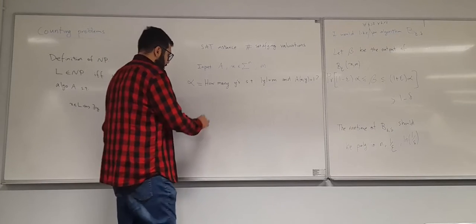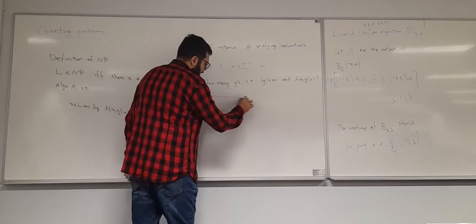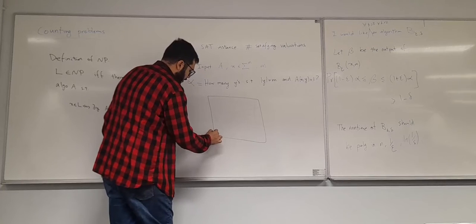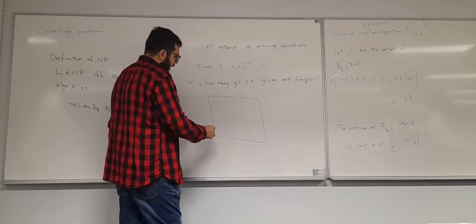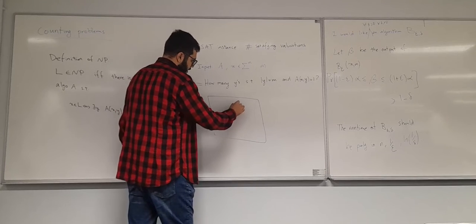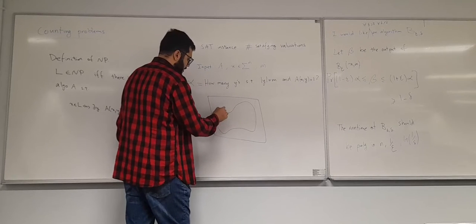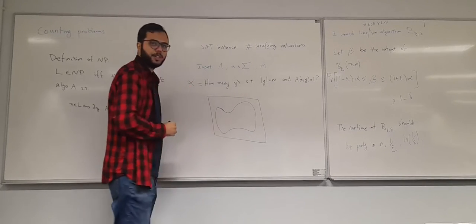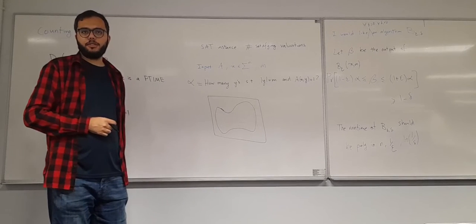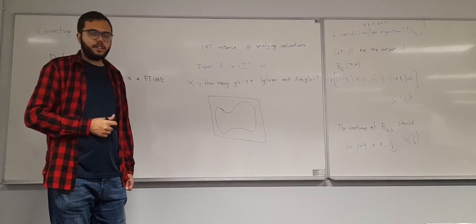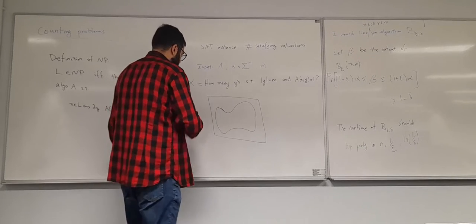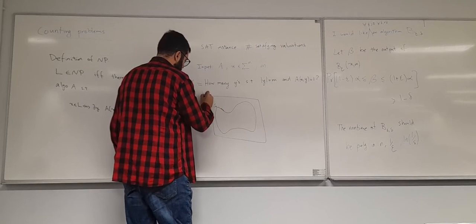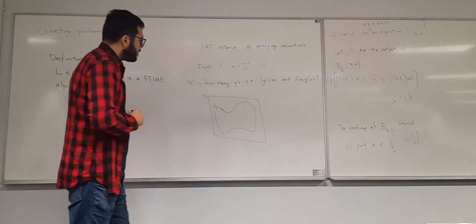So here's the thing. Let's say that this is the set of all possible strings of length n. And let's say that this is the set of strings that actually work, the set of y's that actually work. Okay? So let's give this some name. I don't know, let's call this one G, let's call this one H. Okay?